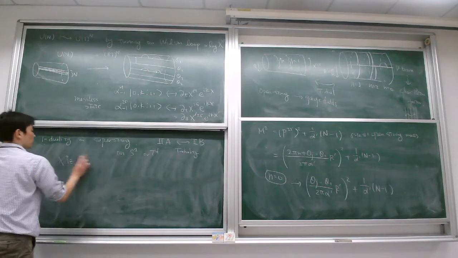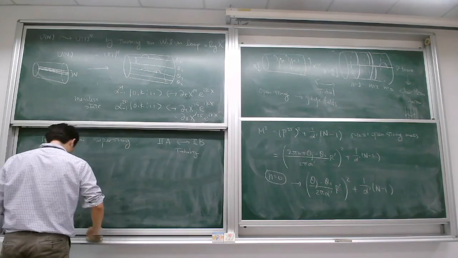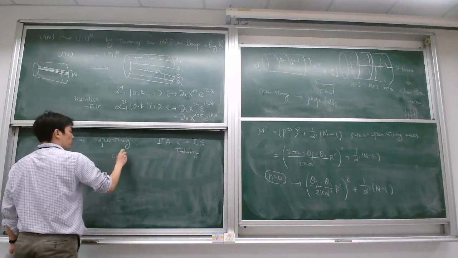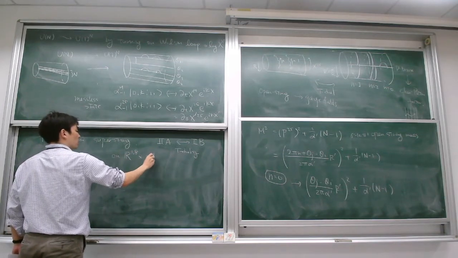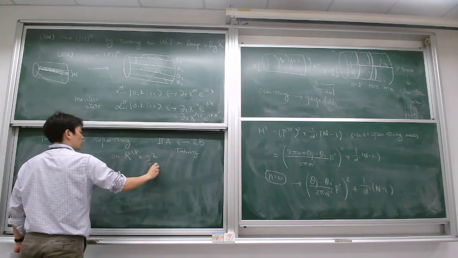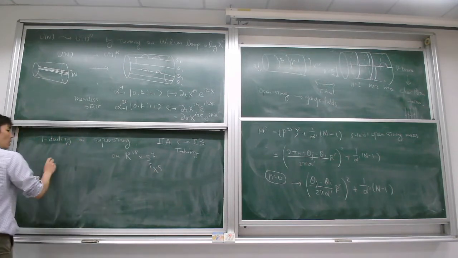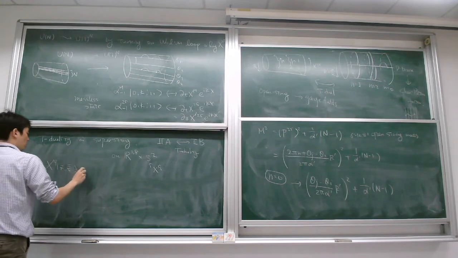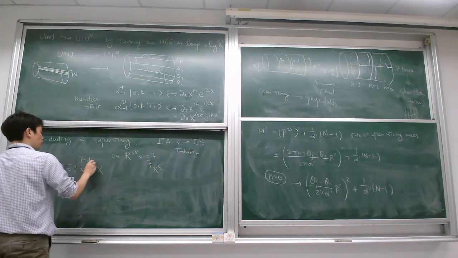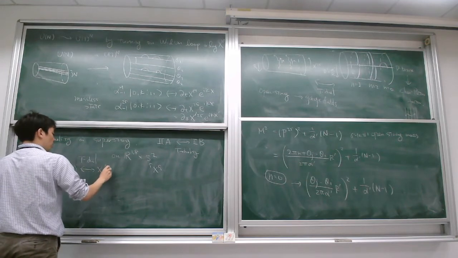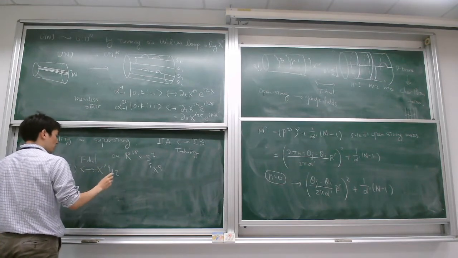So maybe I should be a bit more specific. First, let's consider R^{1,8} times S1, and this is the ninth direction, X ninth direction. And then a similar phenomenon happens in the T-duality: X prime ninth direction has a minus sign.